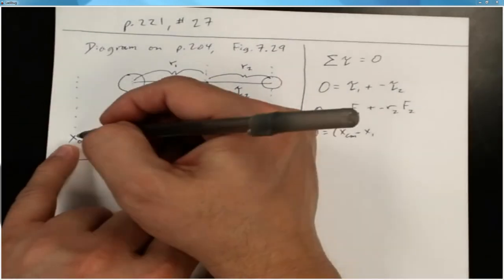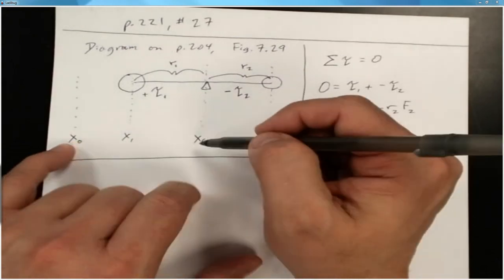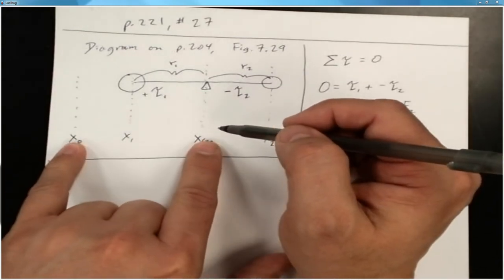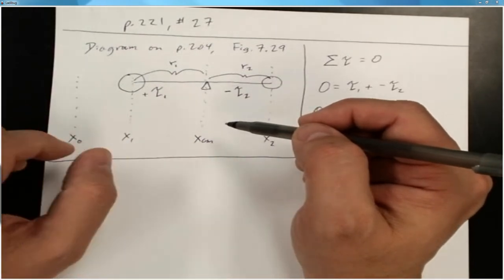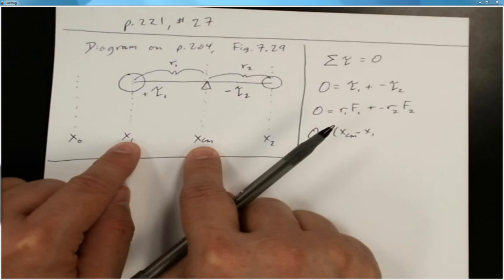So if I go from here to here, that's x sub cm. And if I go from here to here, it's x sub 1. So x sub cm, this distance, minus this distance gives me that distance, which is R1.